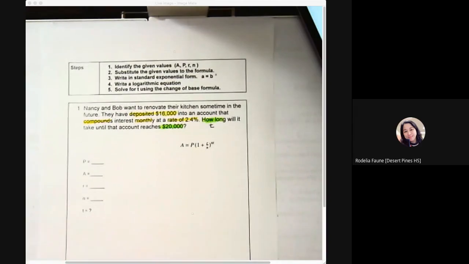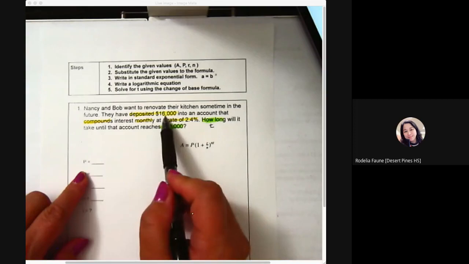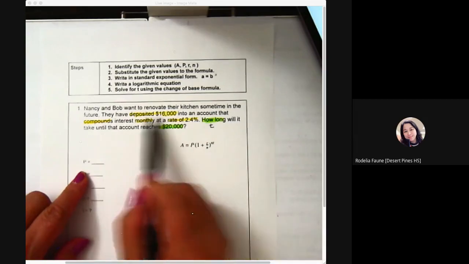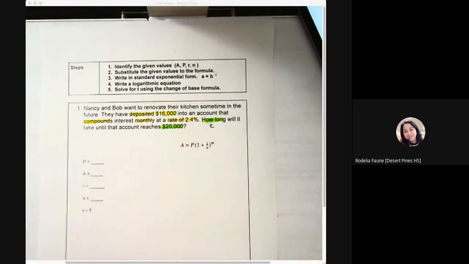So what are the steps in solving word problems? First, I kept on telling you this. We should be able to identify the given values, know the data, know the numbers. So first, what is 16,000? It says here, they deposited 16,000, so this is the initial amount.